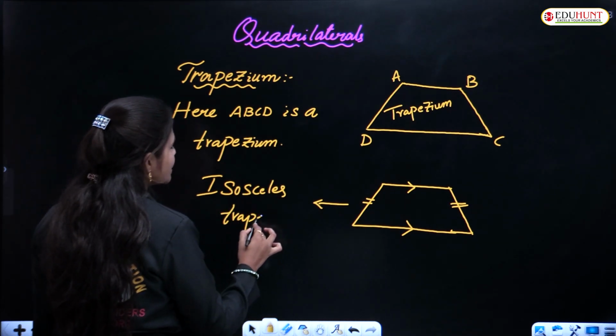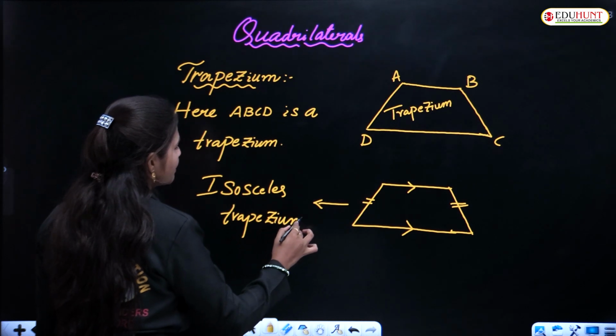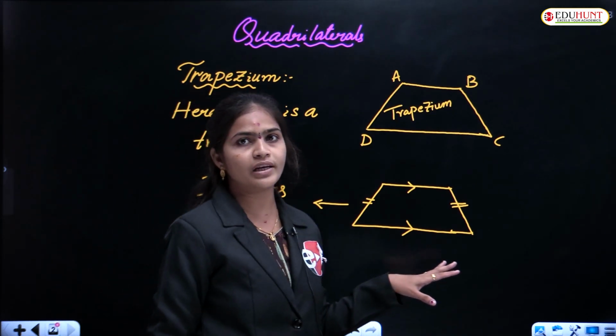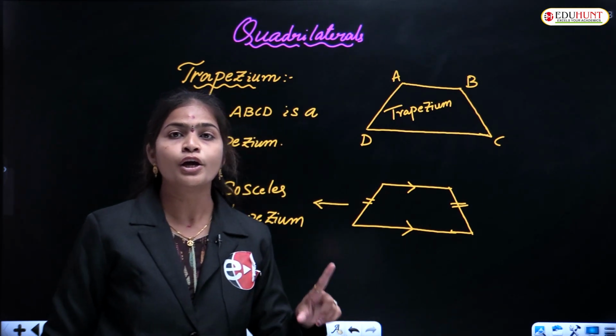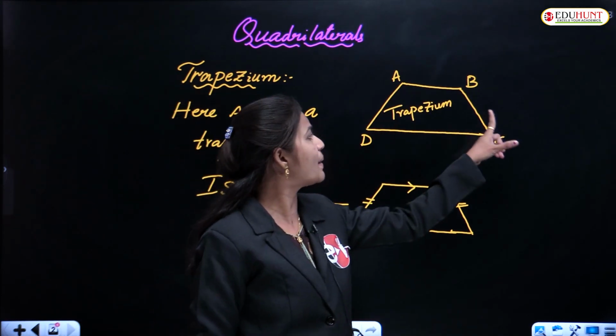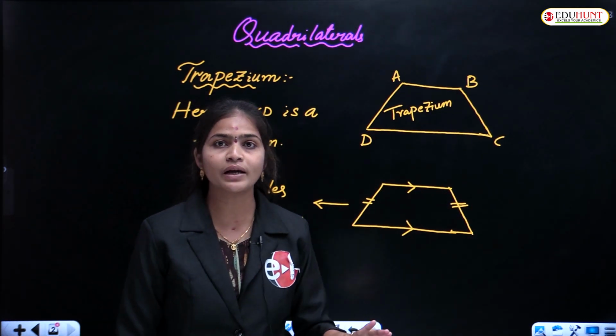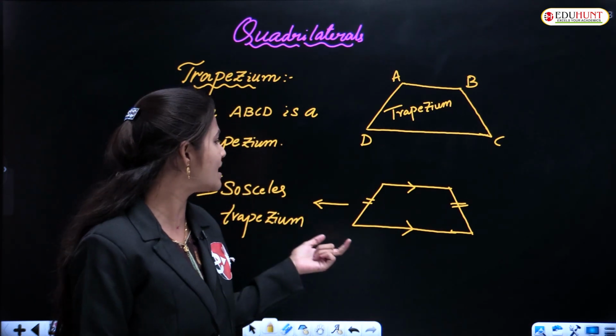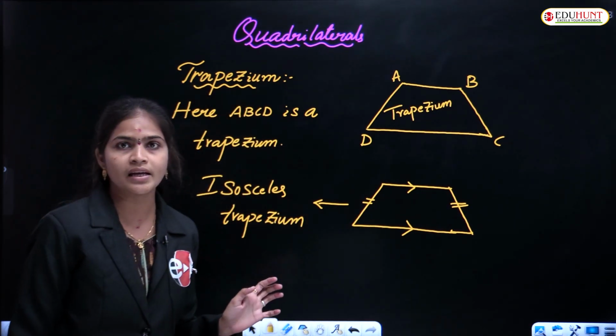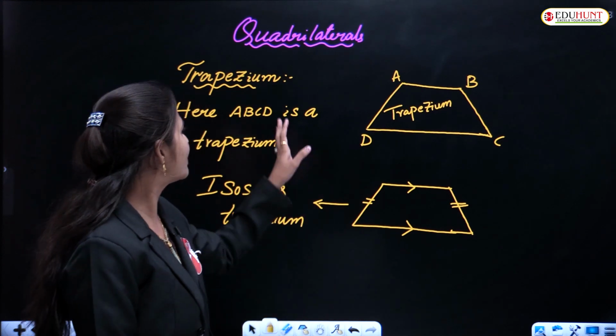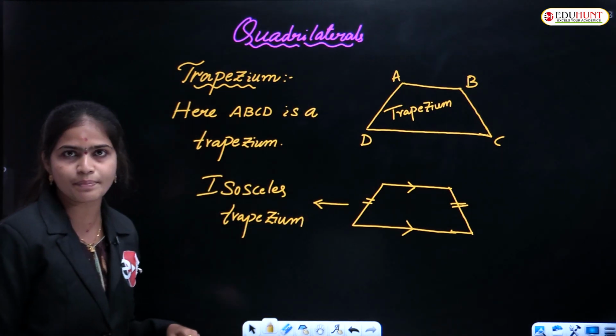So this is the difference between trapezium and isosceles trapezium. Actually those two are the same, but in a trapezium there is no need for the two non-parallel sides to have equal length. If those two have equal length, then we call it an isosceles trapezium. Is it clear, children?